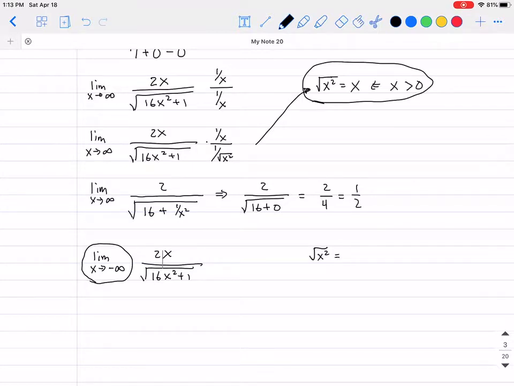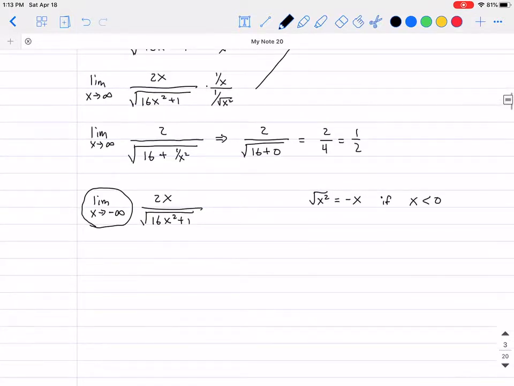The square root of x squared is equal to not x, but rather negative x if x is less than 0. Here, let me give you an example then. Let's say that x is equal to negative 3. So we have the square root of negative 3 squared, which is equal to the square root of 9.